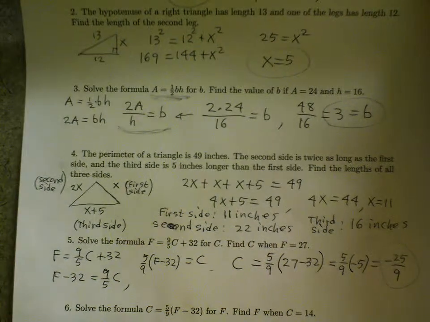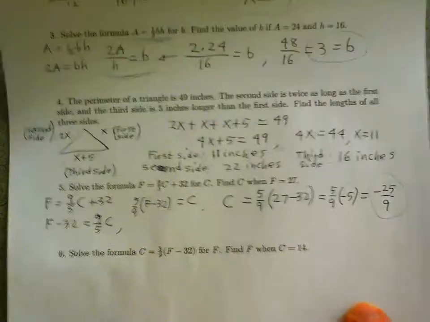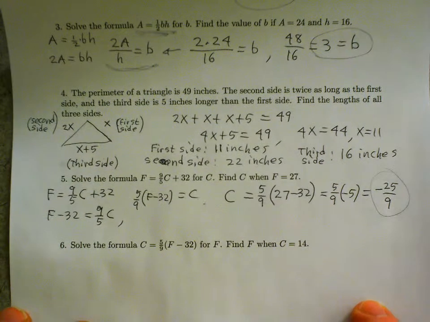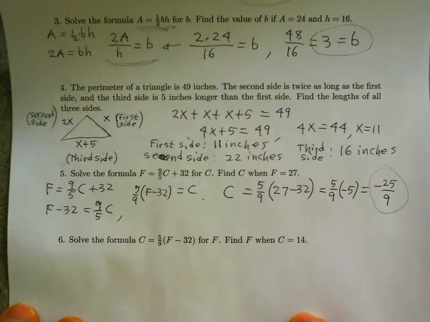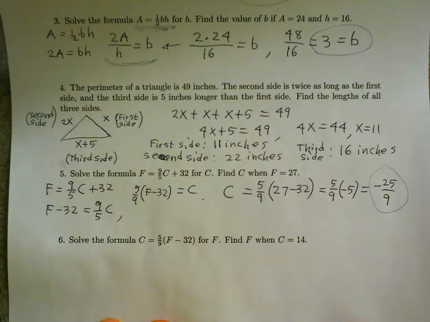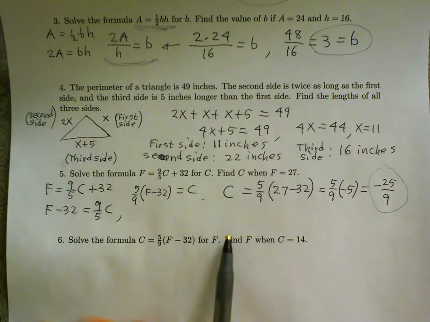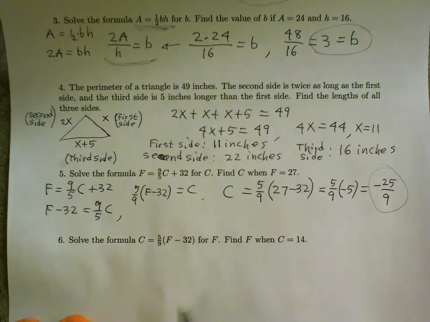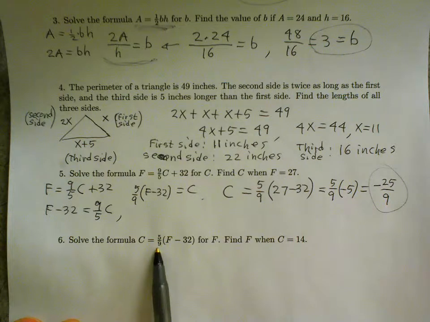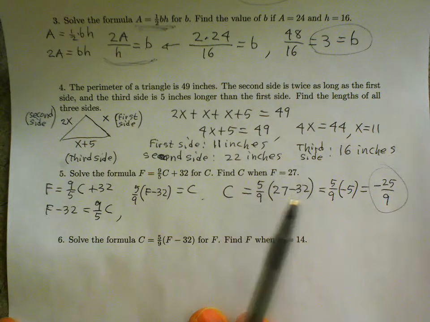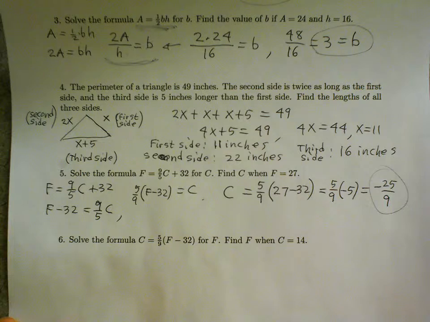In problem 6, this time we begin with the formula C equals 5/9 times the quantity F minus 32. Solve for F. Since 5/9 is a constant factor on the right-hand side, we can begin by multiplying both sides by the reciprocal of 5/9, which is 9/5.